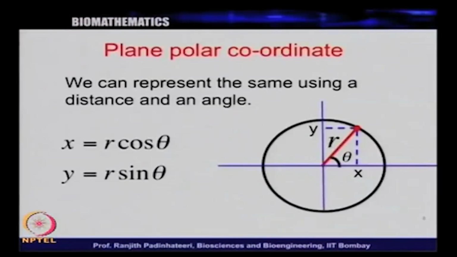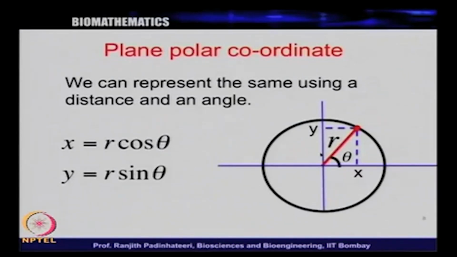As I just said, I can say this angle theta and this distance r. If I say it this way, it turns out that x, that is this distance, is nothing but r cos theta, and this distance y is nothing but r sin theta.